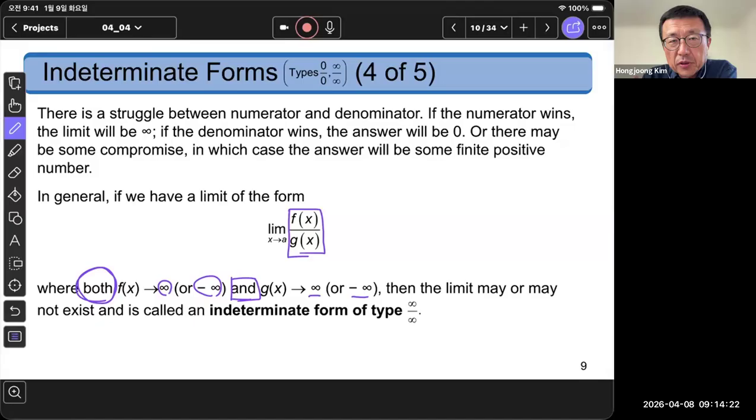One may diverge to plus infinity while the other diverges to negative infinity, or both diverge to negative infinity, or both diverge to plus infinity. It doesn't matter. So if the numerator and denominator diverge to plus or minus infinity as x approaches a, then we can apply L'Hopital's rule. That is the second type.